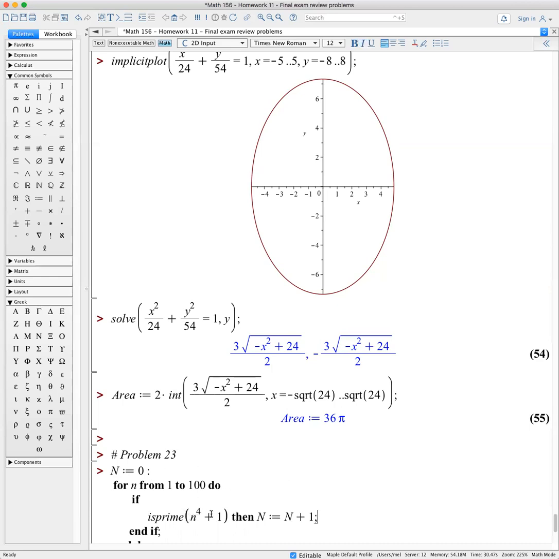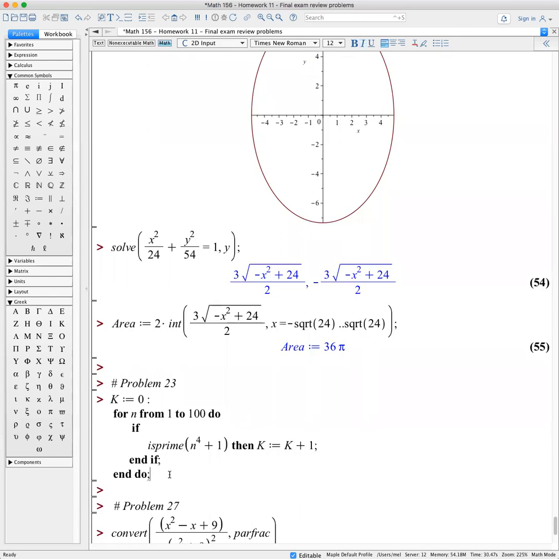So every time n to the fourth plus 1 is a prime, I add 1 to this. Let me call this a different letter, I'll just call this k. So k is my counting variable. So every time I get a prime, and let's just print out at the end, print k.